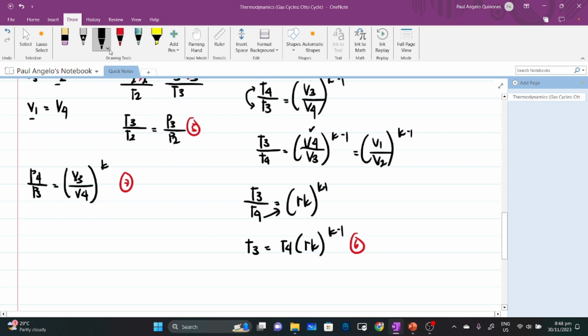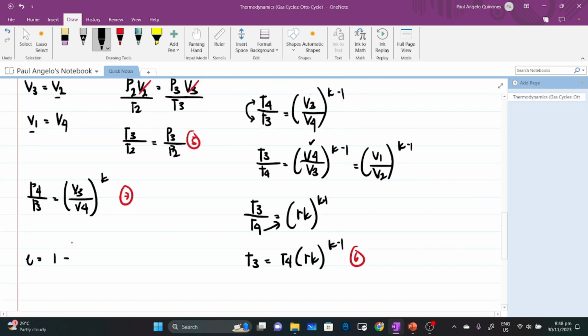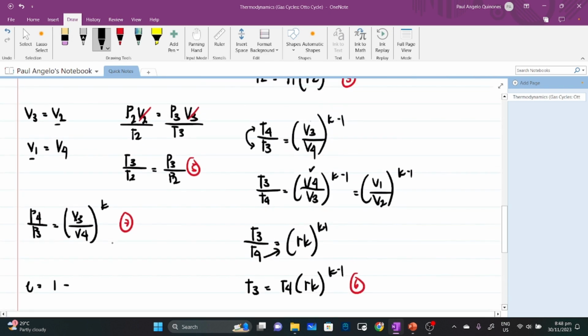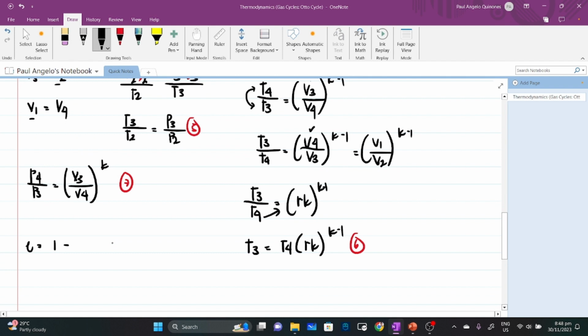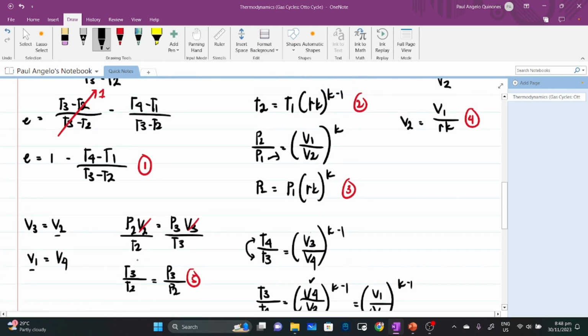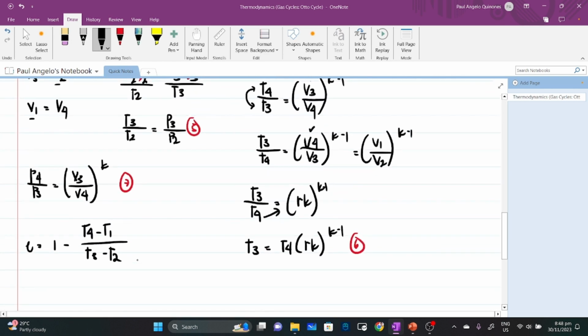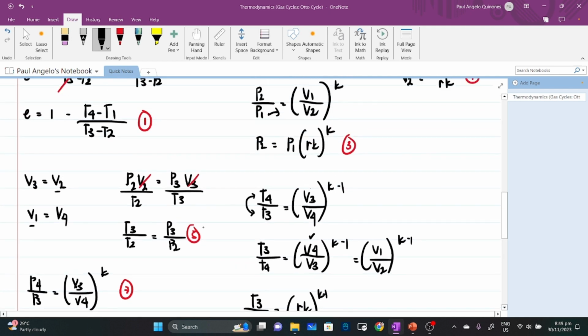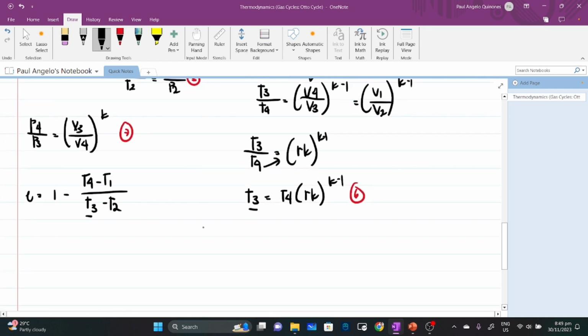We have the efficiency is equal to 1 minus T4 minus T1 over T3 minus T2. So let's double check. Now we are able to solve for T3 and T2 simultaneously. Let's substitute this T3 with this T3, and T2 with T2 as well.